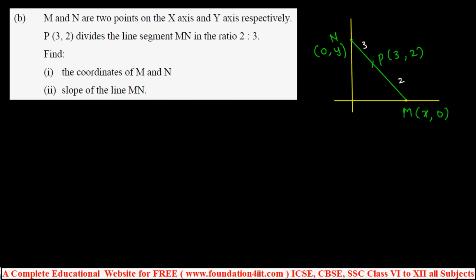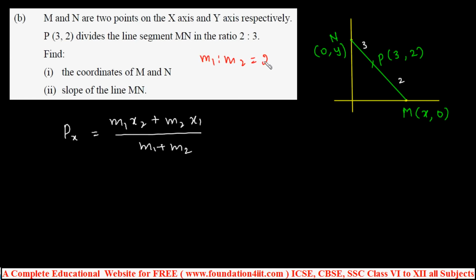We can apply the formula here. That is P of x, one of the points, P (3, 2), right? So this is x and y. The formula for x is (m1 x2 plus m2 x1) by (m1 plus m2). In this ratio, m1 is to m2 is 2:3, which is given.